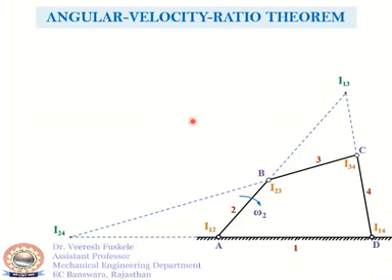Now I24 is a point whose velocity will be the same whether we consider it to be a point on body 2 or on body 4.